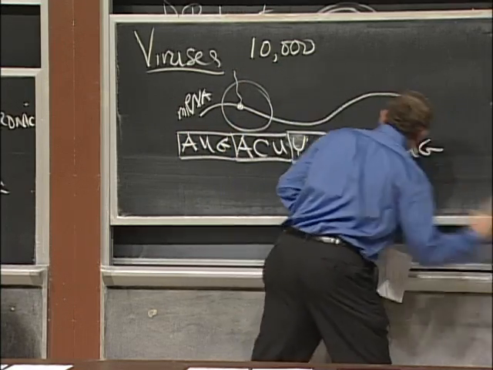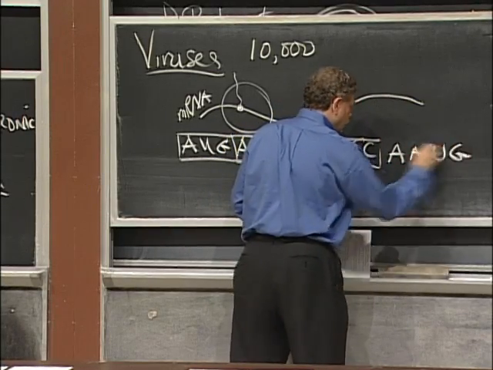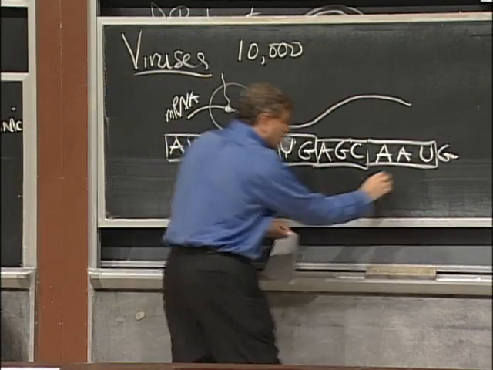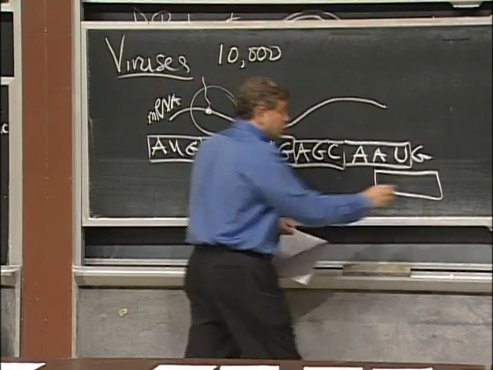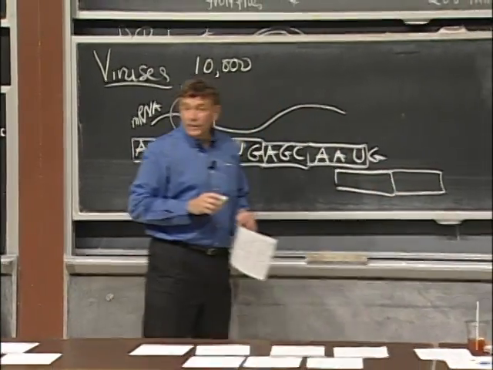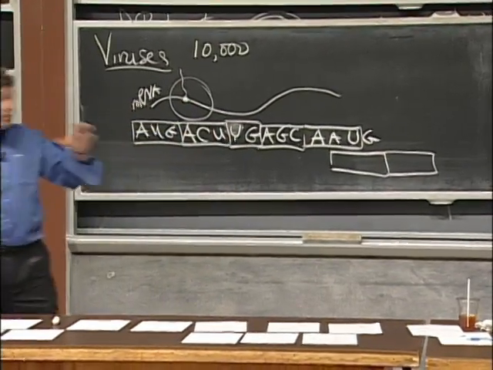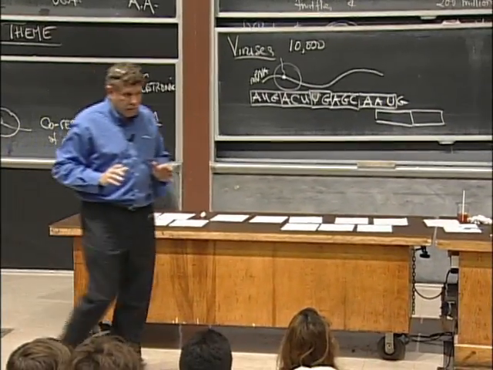But you know what? There's also an AUG over here. They could start using that one. And you know what else? If they found another AUG off frame, some of them use that too.